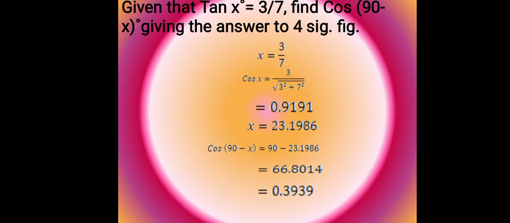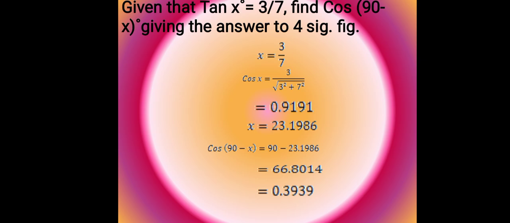Given that tan x is 3/7, find cos of 90 minus x, giving your answer to 4 significant figures. I have not sketched a triangle there, but know that tan x should be equal to the opposite side over the adjacent side.